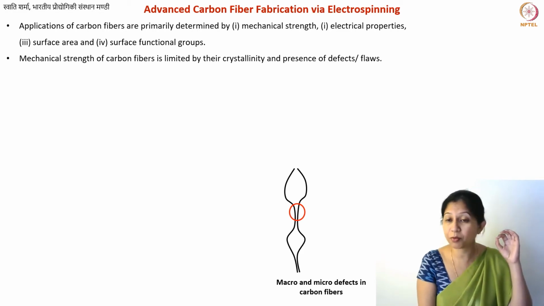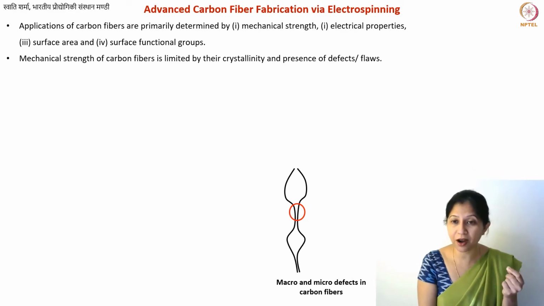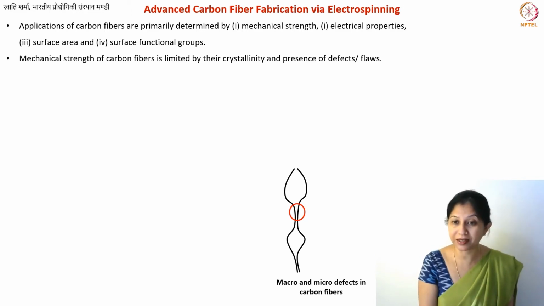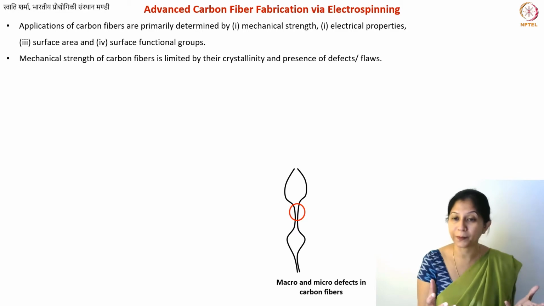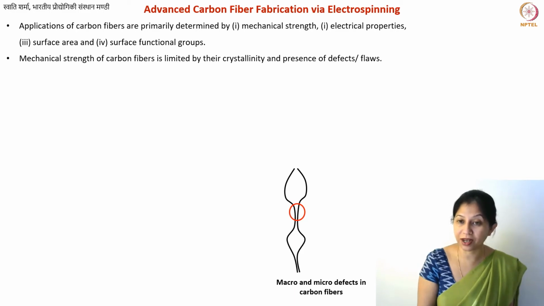These bulges, which you will see very often, especially if you have certain humidity in the chamber, or your solution is not uniform, especially with more viscous solutions at higher concentrations of PAN, are macro defects, so you can actually see them. In fact, that is the reason people often use the horizontal electrospinning setup, because these are heavier fibers, which at least most of them will fall before reaching the collector electrode.